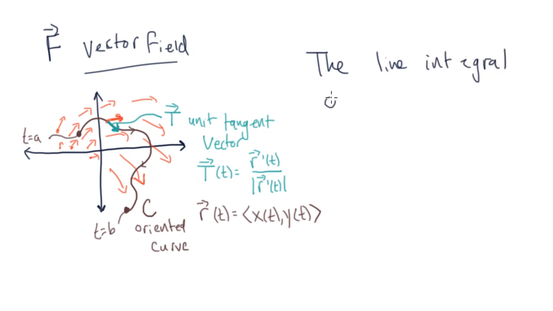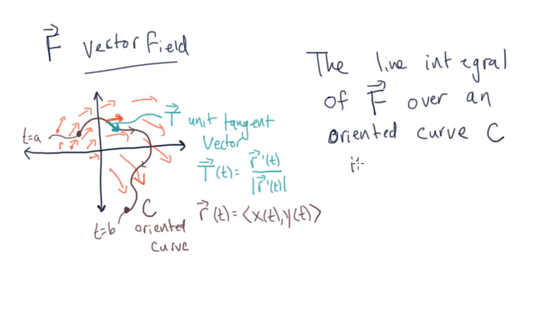So the line integral, and again, it's the line integral of a vector field over an oriented curve or a parameterized curve C is, well, it's an integral over the curve. And I can't add up function values like I did with the line integral of a scalar valued function.